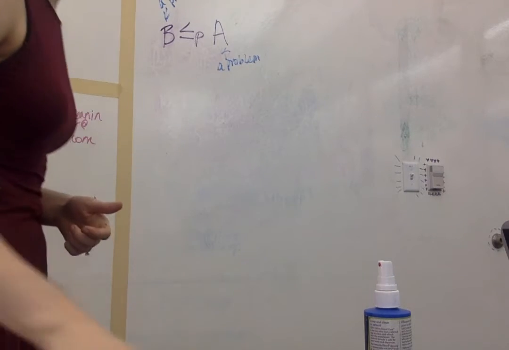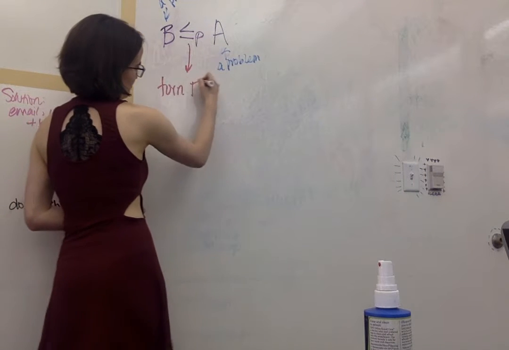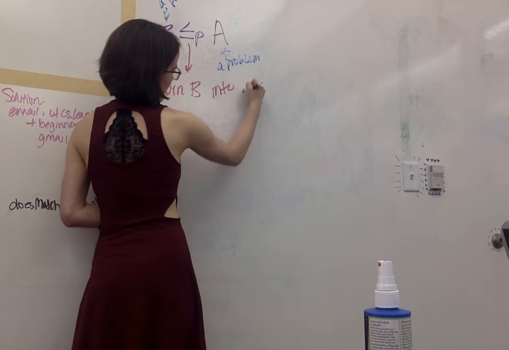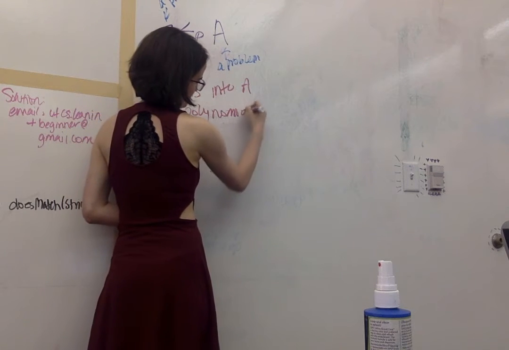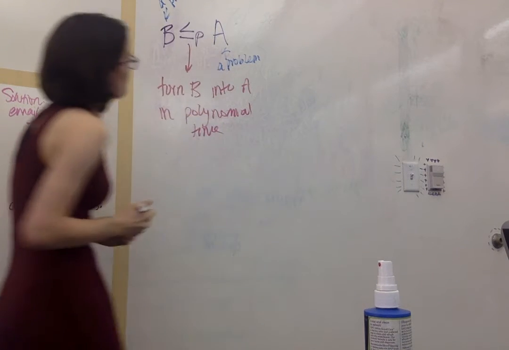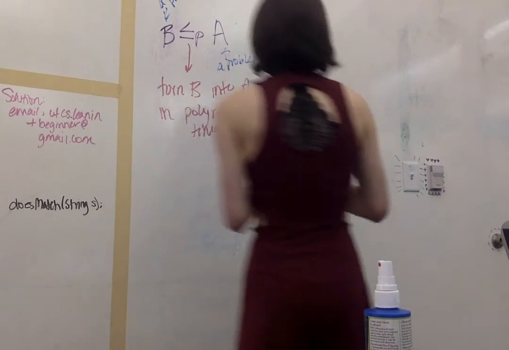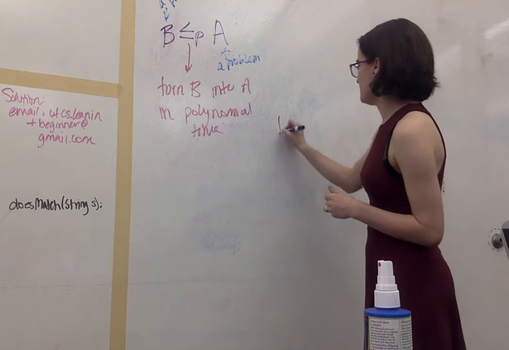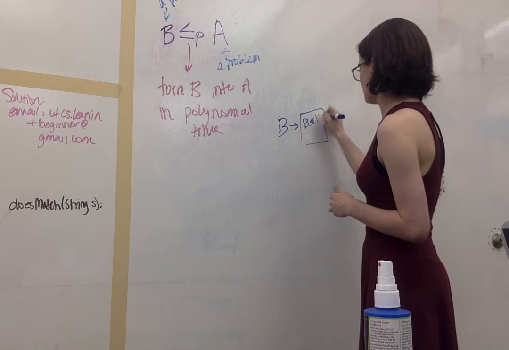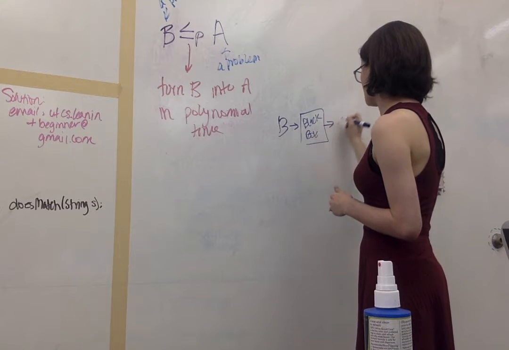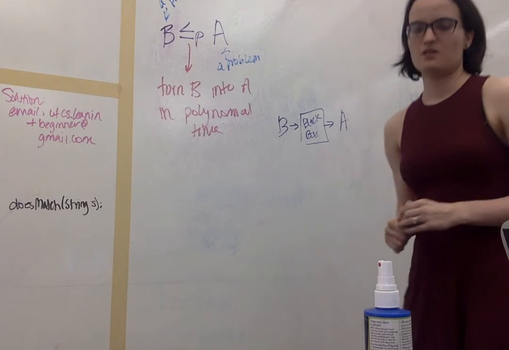Polynomial reduction means turn B into A in polynomial time. Visually, we have B, I put it into some black box, and turn it into A, and this black box runs in polynomial time.